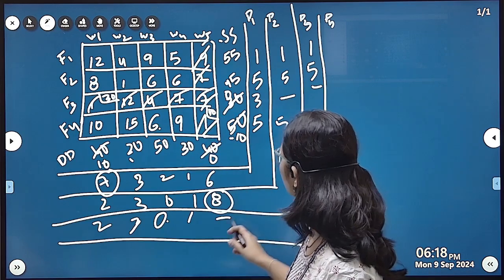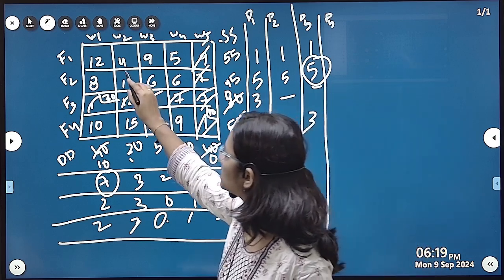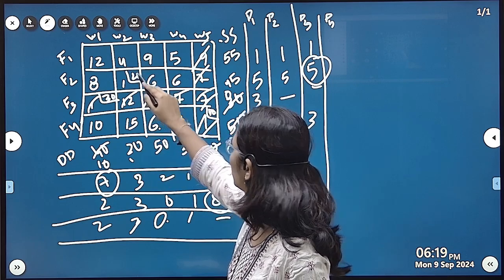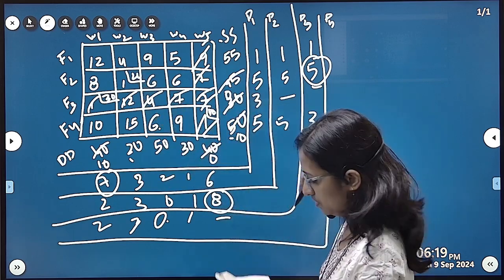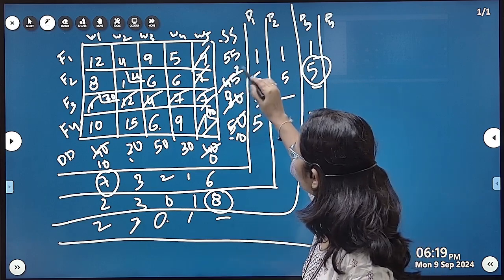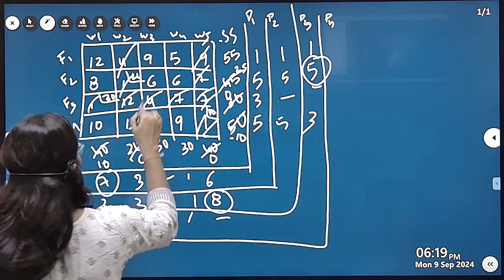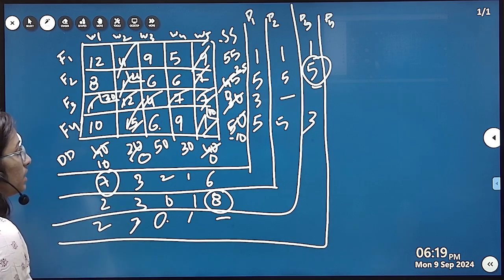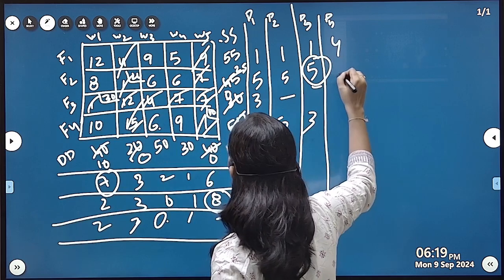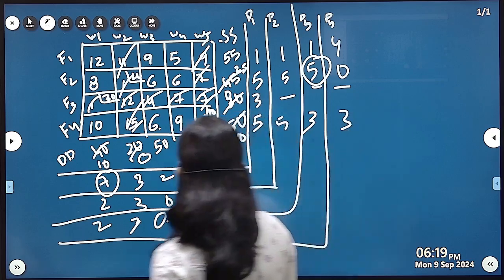So tell me which one is the higher number among 5, right? In 5, which is the least number? 1. So here 20 units are required for W2. We have 45, yes, 45. So still 25 units are there. So make it 0 and cross it down. Next, tell me: 9 minus 5 is 4, 6 minus 6 is 0, nil and 3.